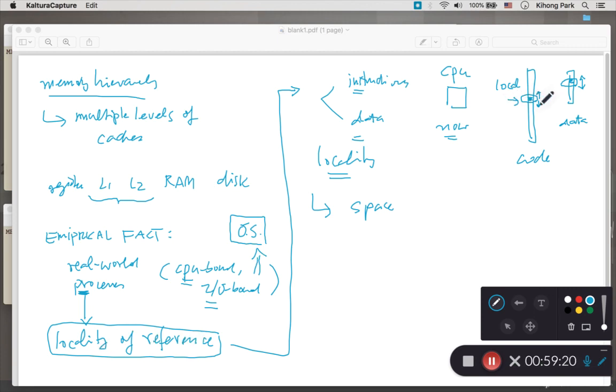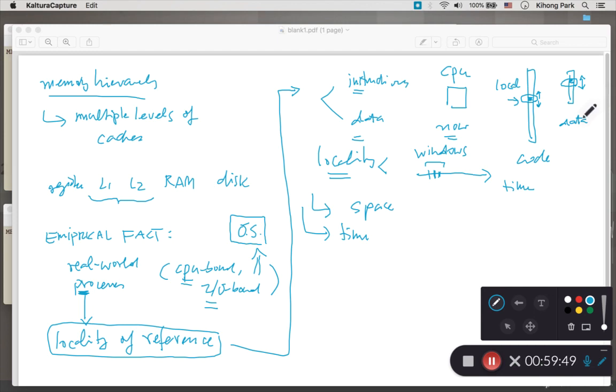Locality means in space. But it's not just space, it's also time, because as time is progressing, the same instruction is being used now, a bit later, a bit later, over this time window that is local in time. The same instruction gets reused again and again and again.